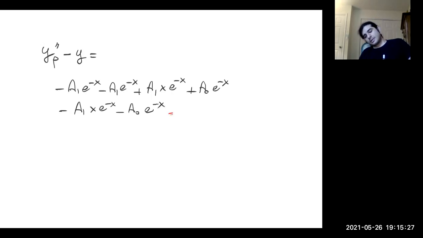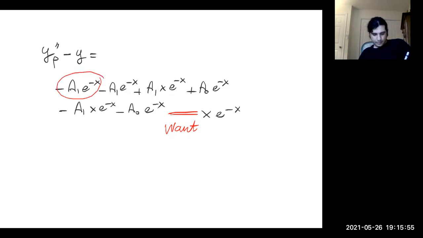And we want this to be equal to the non-homogeneous part of the equation, which was x e to the minus x. Now, let's look at the left-hand side. Minus a1 e to the minus x, this one, and we have the same thing again here. So we would have minus 2a1 e to the minus x.